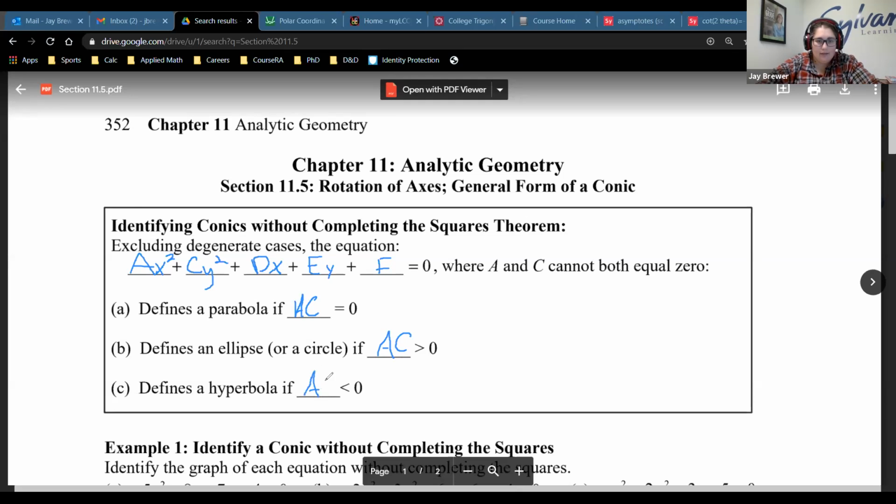And if we take A times C and it's less than 0, then we're working with a hyperbola. Now, the reason why it can be either an ellipse or a circle is obviously because a circle is technically the nicest form of an ellipse.